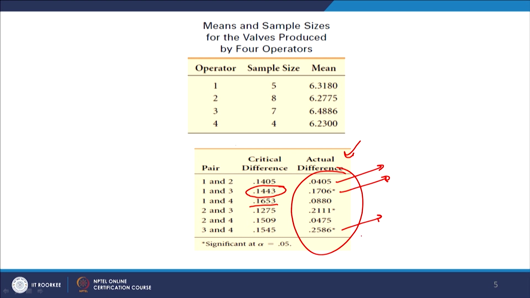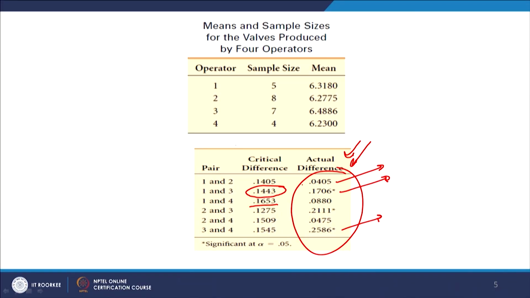If the actual difference is more than the critical difference, then there is a significant difference. If it is not, then there is no significant difference. So, let us look at this. This actual difference is less than critical difference, so we will say there is no significant difference.